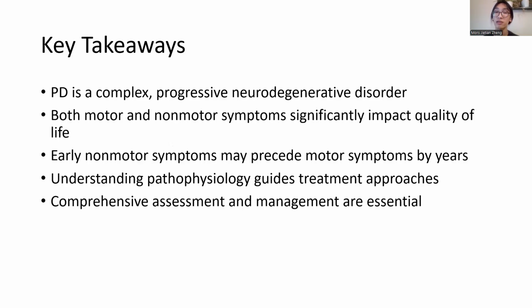Finally, comprehensive assessment and management addressing the full spectrum of symptoms is essential for optimal patient care with interdisciplinary approaches. The goal is not just treating the motor symptoms, but addressing the whole person to maintain function, independence, and quality of life for as long as possible.